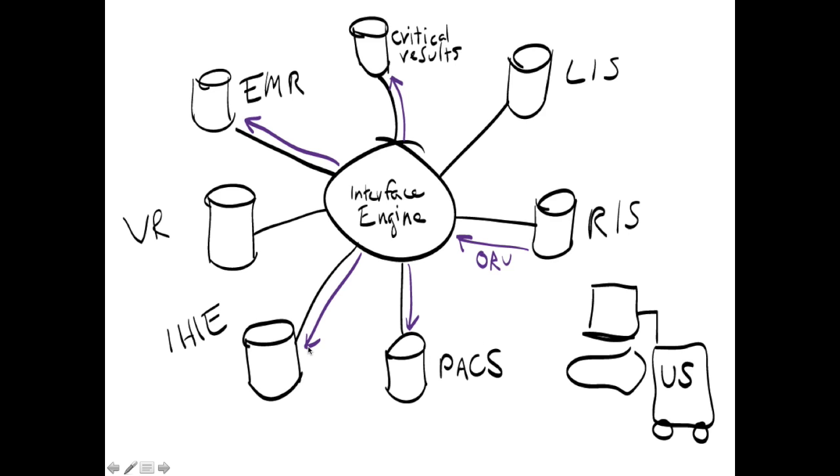You can see the final result message is going out to our health information exchange, so it'll be available for doctors both inside and outside of our institution. And then it also goes into the EMR and finally gets captured by our critical results system. We use the critical results system also to provide peer reviews, so it's important to have results there as well.